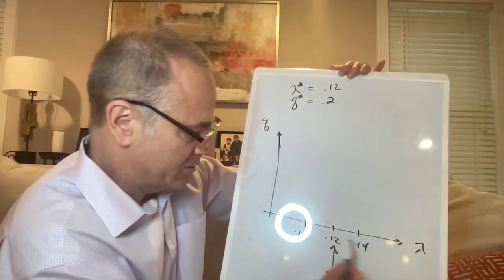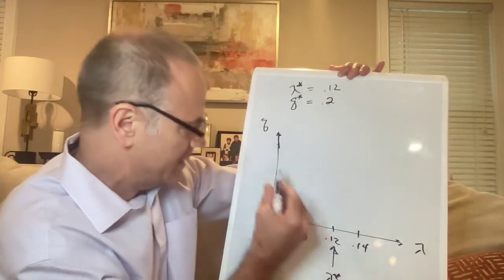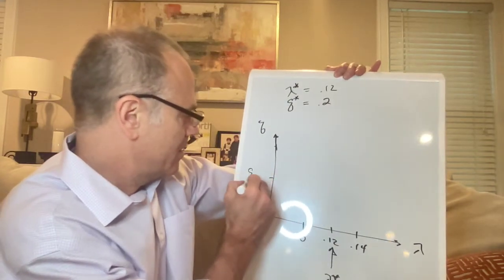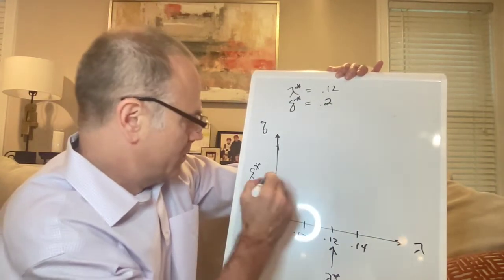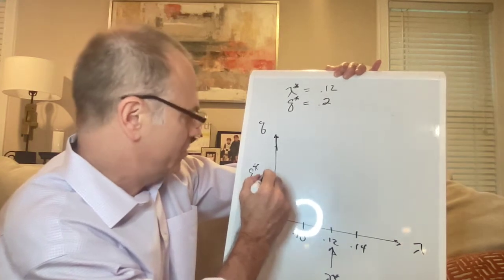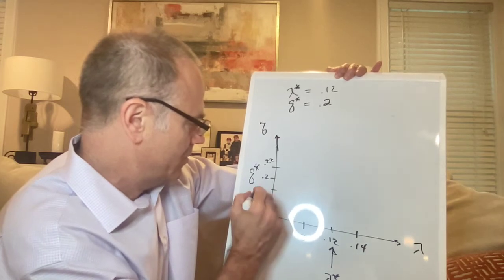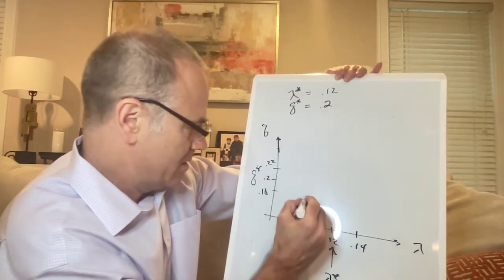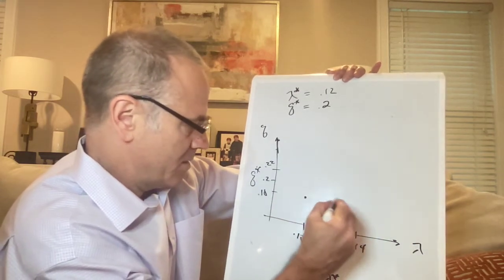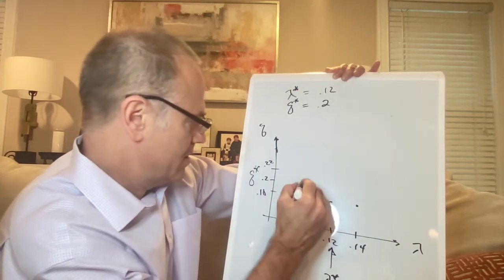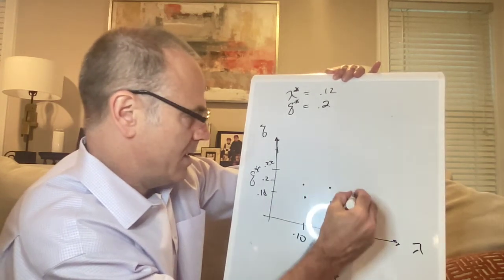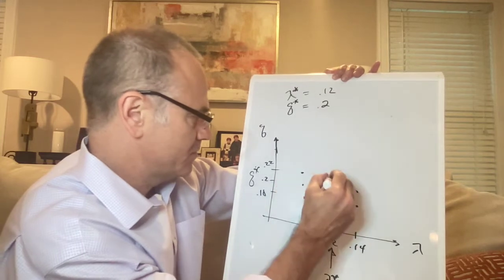I want you to consider the lambda just to its right and to its left, and then you have a q star, which equals 0.2, and then consider the one just above, 0.22, and the one just below, 0.18. So we've got 9 different values.